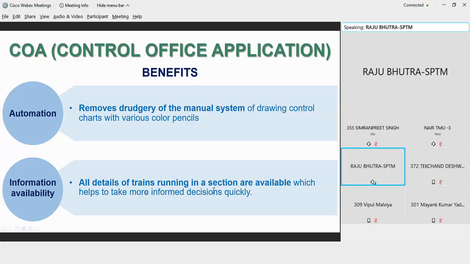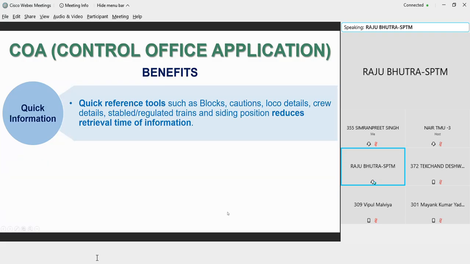Information availability: all details of train running in a section are available, which helps to make more informed decisions quickly. Quick information is possible, that is quick reference tools such as blocks, cautions, loco details, crew details, stabled regulated trains, siding position. It reduces the retrieval time of information.